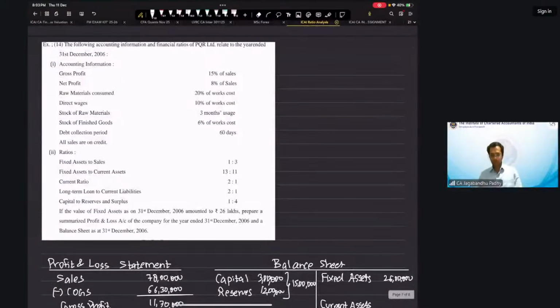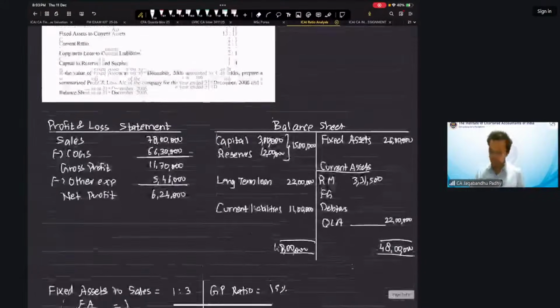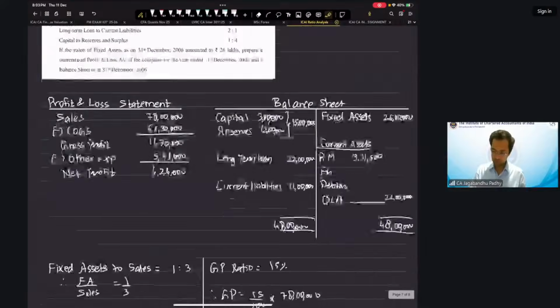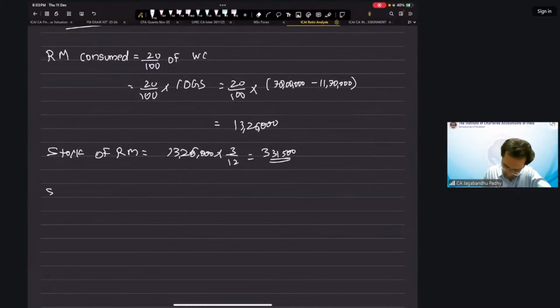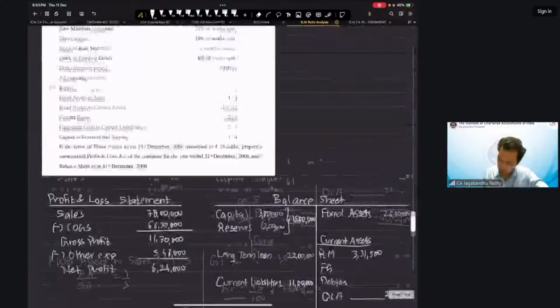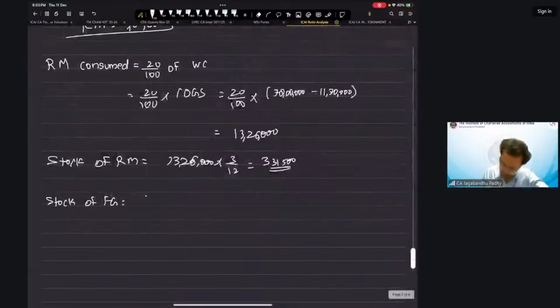What about finished goods? Finished goods, they're saying it is 6% of works cost. So that's very simple. Stock of finished goods is 6% of works cost.